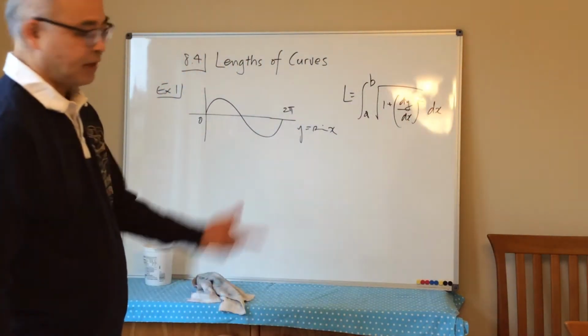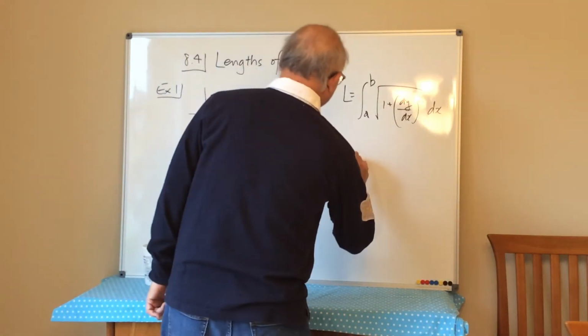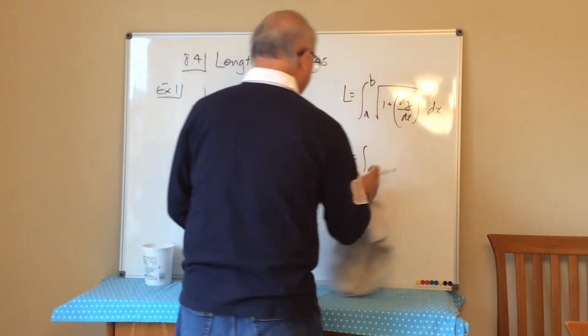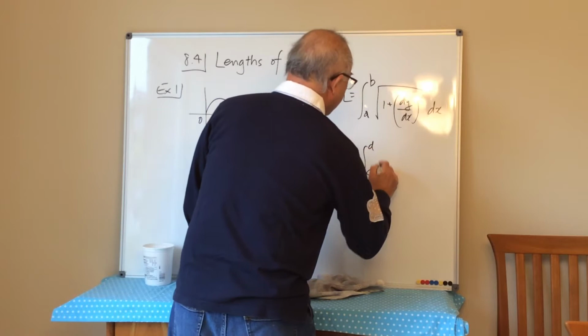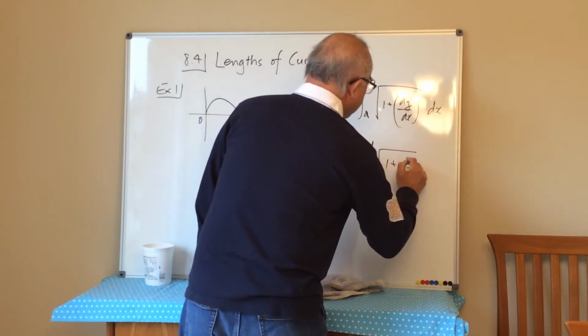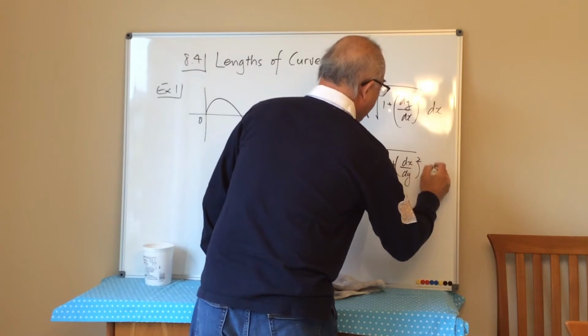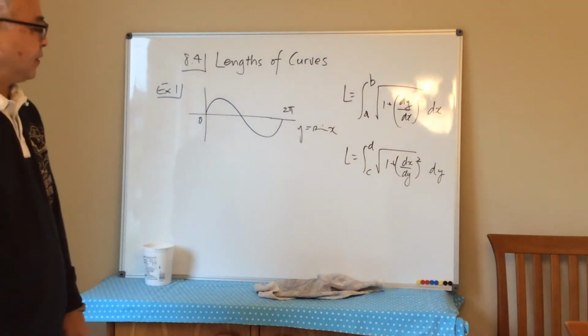The bottom one gives L from C to D of the square root of 1 plus (dx/dy) squared, and you can do it with respect to dy here.